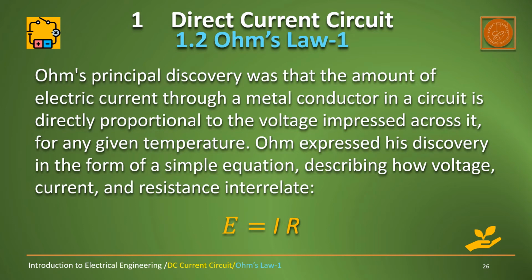Ohm expressed his discovery in the form of a simple equation describing how voltage, current, and resistance interrelate. Thus, E equals I times R.